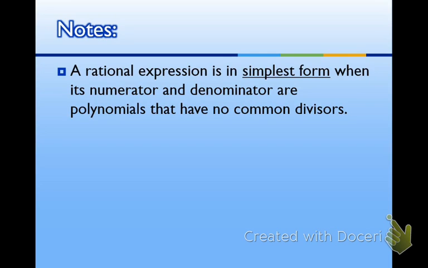A rational expression is in simplest form when its numerator and denominator are polynomials that have no common factors or no common divisors.